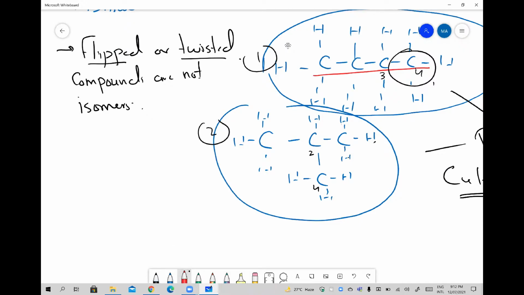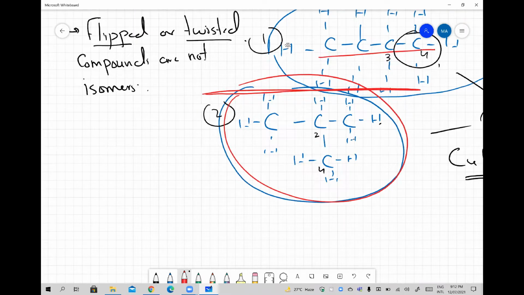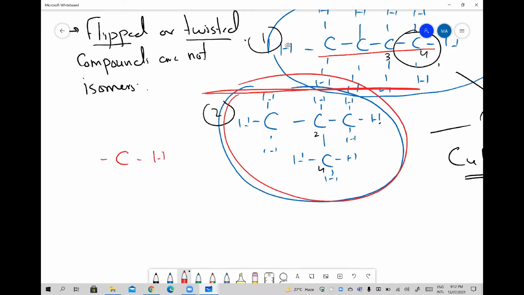For example, if you look at this second compound and we place a mirror over here, the same compound in a mirror effect would look something like this. This CH3 would go on top and the remaining 3 carbons on the bottom. So this is how this compound would look if you place a mirror on top of it.